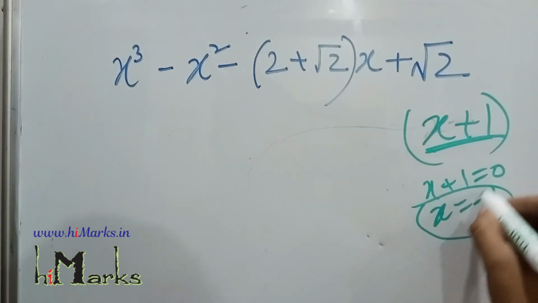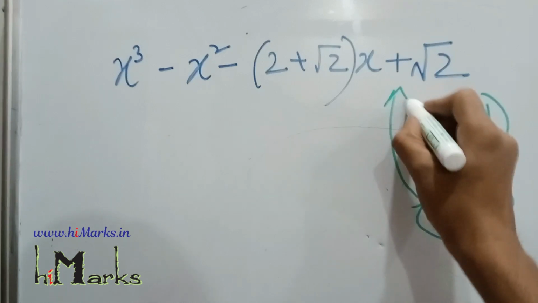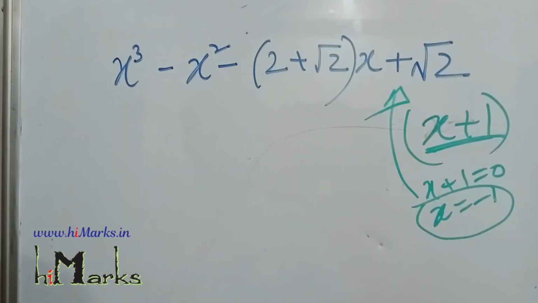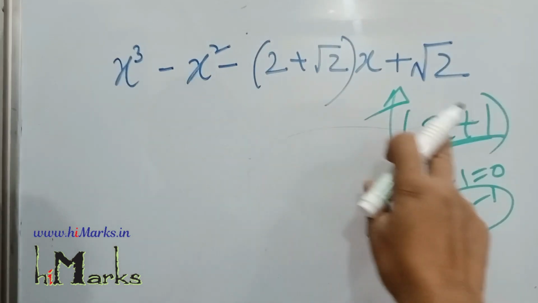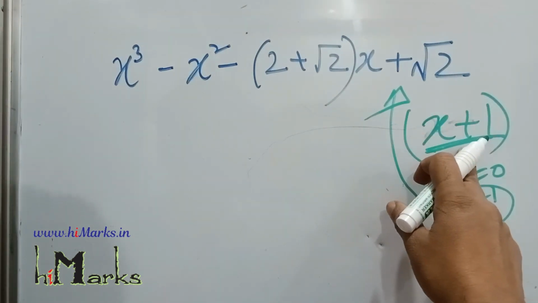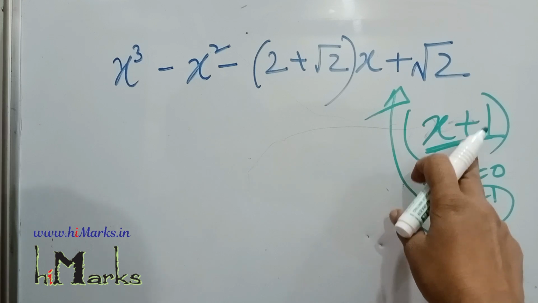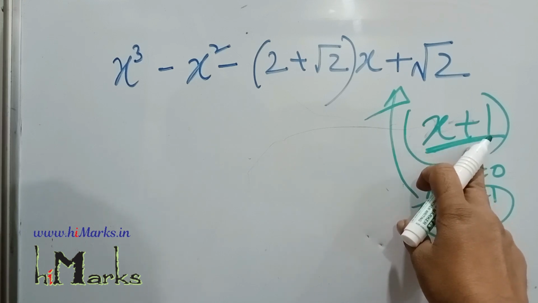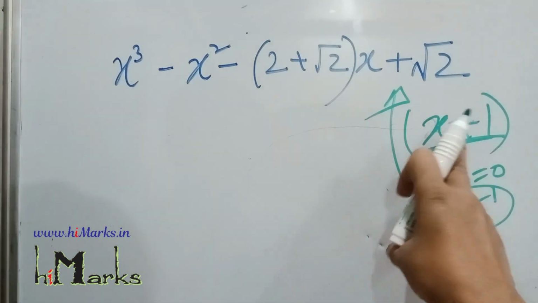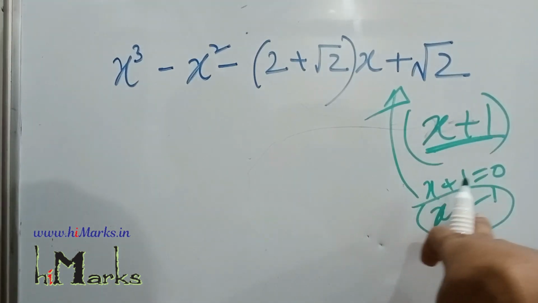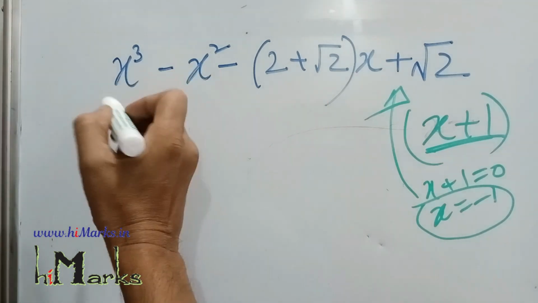As I told earlier, you can divide this polynomial by x plus 1. If you get no remainder, that means you can prove x plus 1 is a factor. The second, easier method is that you make it 0 and x equal to minus 1, and then put minus 1 here.